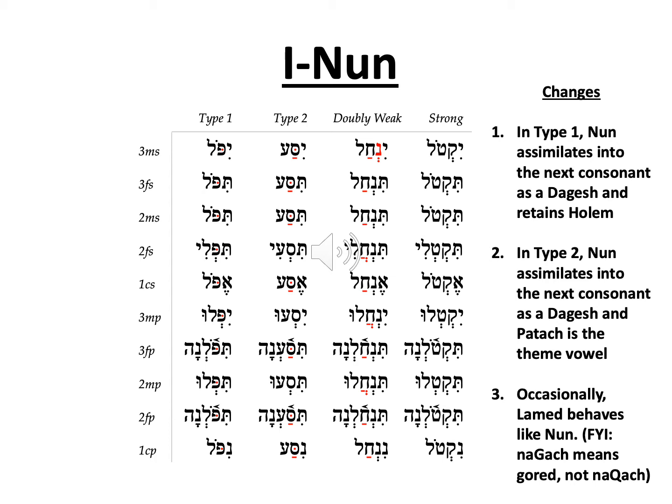The most famous example is the verb lakach, to take, where the lamed will assimilate into the kof on a regular basis, looking very much like a nun, but the word is not nakach, meaning to gore, but lakach, meaning to take. Not all verbs that start with lamed will do this. Lakach is the most common, but it is something to be aware of. Typically, an assimilated letter into the second letter of the root is a nun that has assimilated.